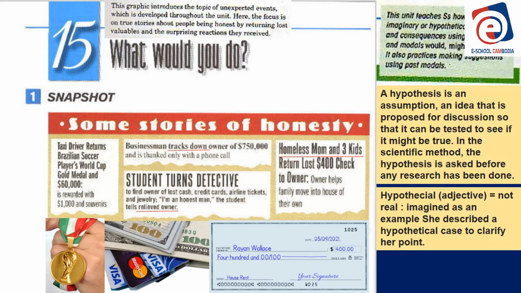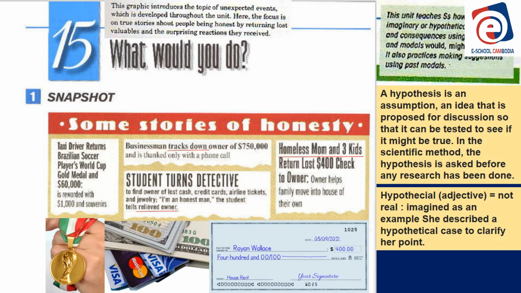So that's a good thing, that sometimes if we're an honest person and we find something that has been lost and we give it back, sometimes we get a reward. But sometimes we don't get a reward. Look at the next story. Businessman tracks down owner of $750,000 and is thanked only with a phone call.